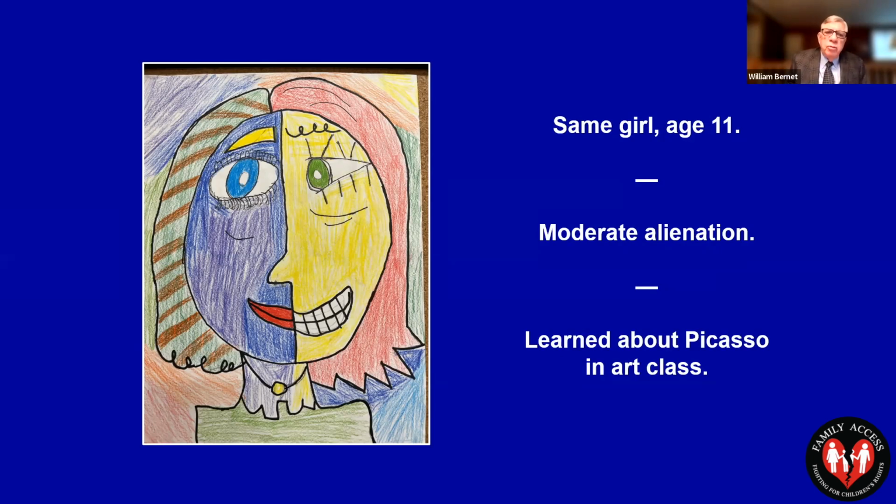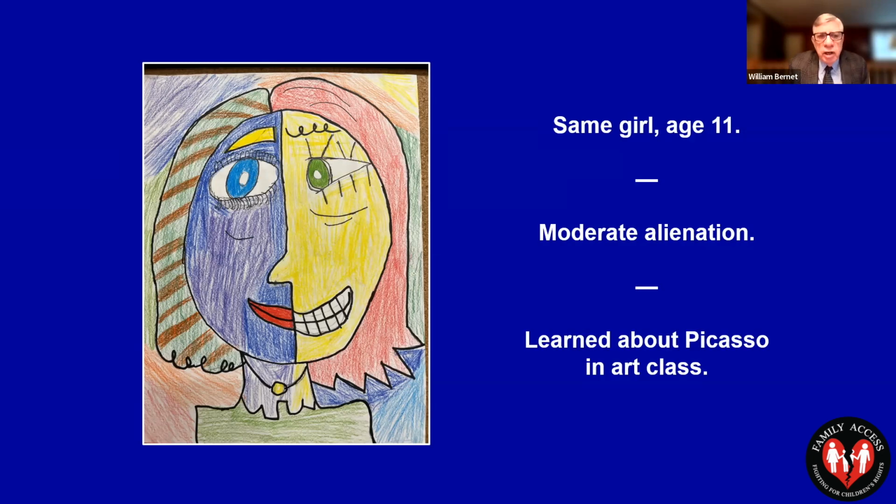And I don't want to interpret this too much, but I just think generally this kind of drawing seems to be consistent with a child who's having conflict in her mind, perhaps conflict regarding her parents. Now, I want to emphasize that I'm not diagnosing moderate parental alienation on the basis of this picture.